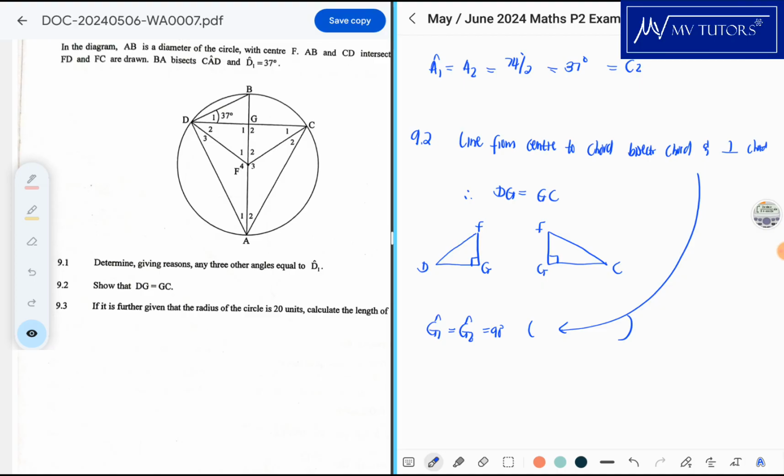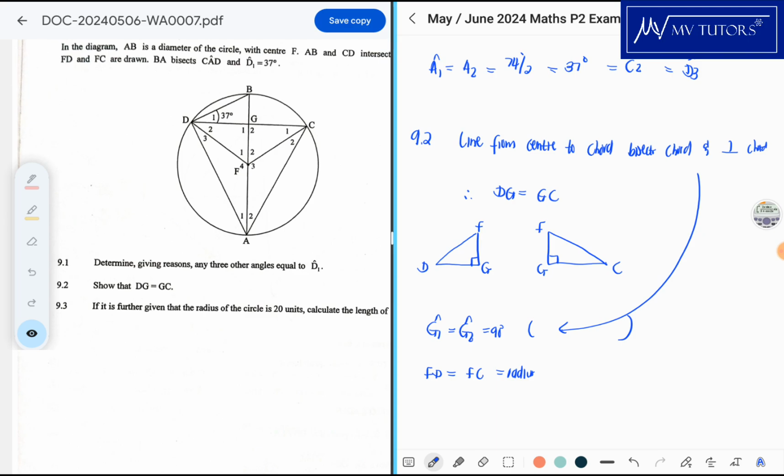And then what do I know as well? I know that FD is actually equal to FC, which is the radius. So those lengths are equal. And what else do I know? I know that A1 is equal to A2, which is equal to C2, and is equal to D3, which are equal to 37 degrees.